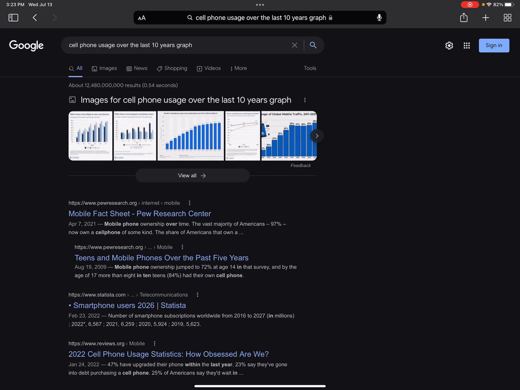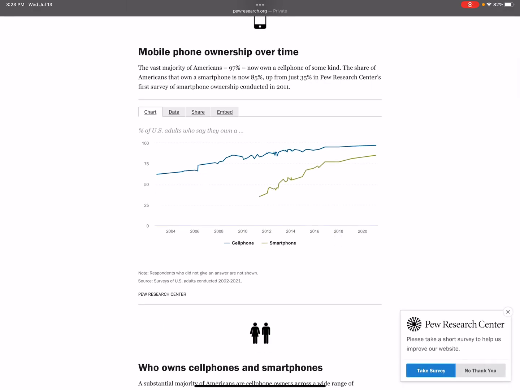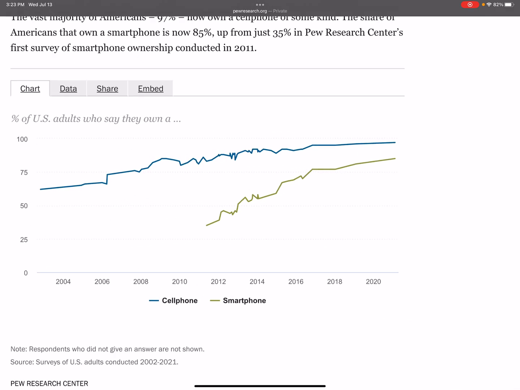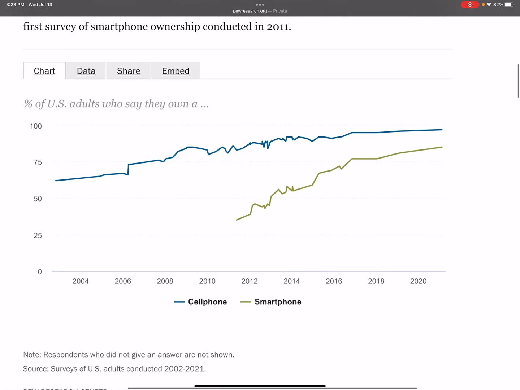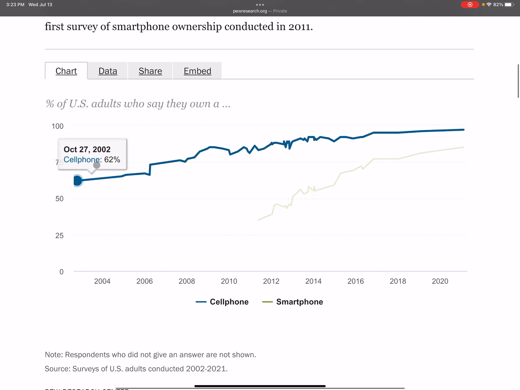I think graphs are usually helpful, right? Mobile fact sheet, okay. Smartphone is the green line. I guess there's a difference between smartphone and cell phone. But anyways, as you can see, the percent of U.S. adults who say that they own a cell phone has a steady increase, right?